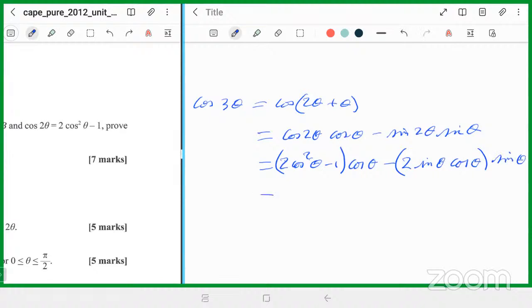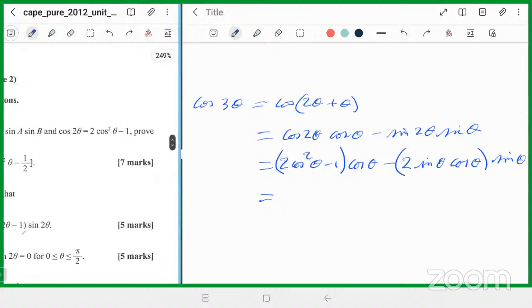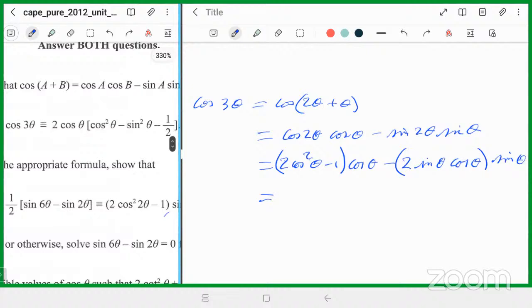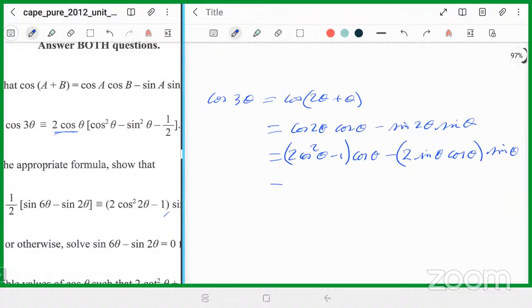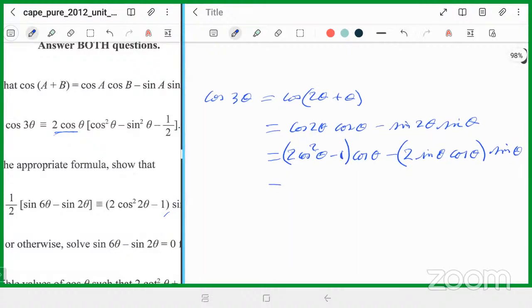Expand this out. If you look at the answer they're getting, they have factorized 2 cos theta. Let me expand this out first. So I'm going to write this as 2 cos cubed theta minus cos theta.